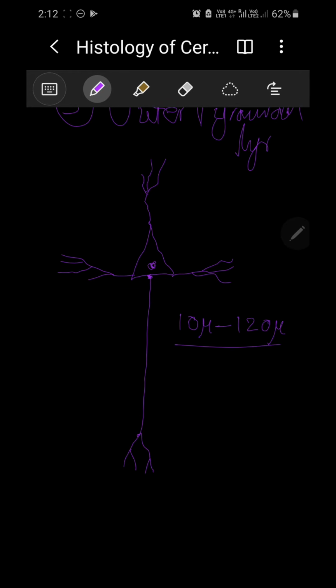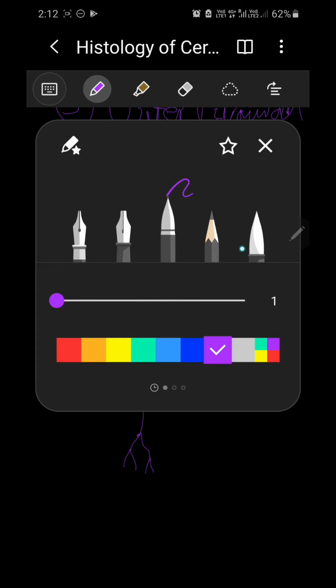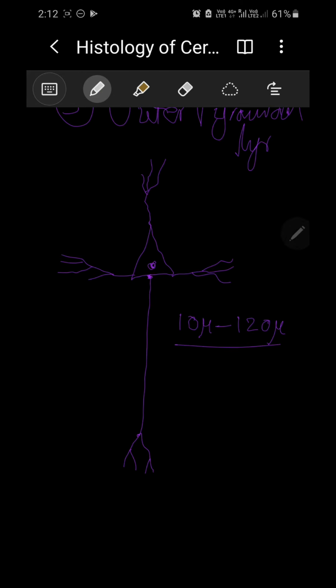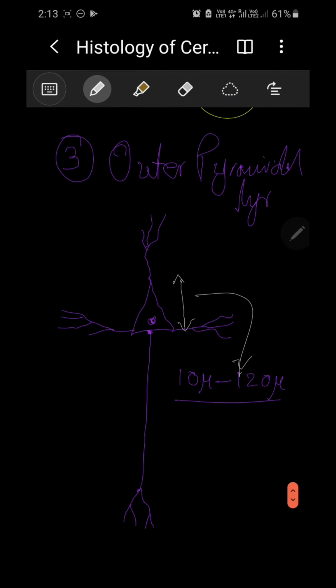Remember, when I'm talking about the size, we are actually referring to this length. This is the size. What I'm telling is the size of the pyramidal cells is 10 to 120 microns.